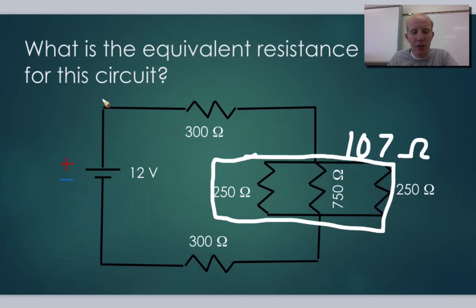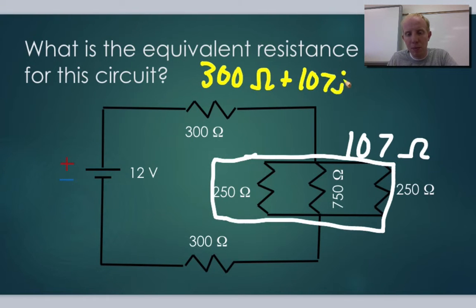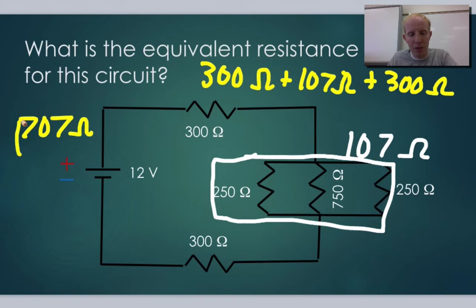So then this guy plus these guys plus this guy gives me the series value, so it would be 300 ohms plus 107 ohms plus 300 ohms. So the total resistance for the whole circuit is 707 ohms.